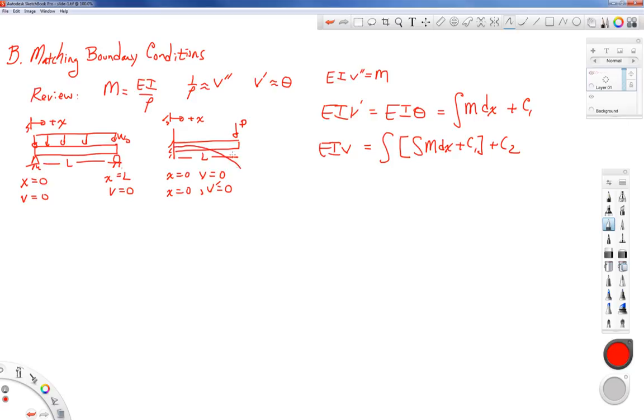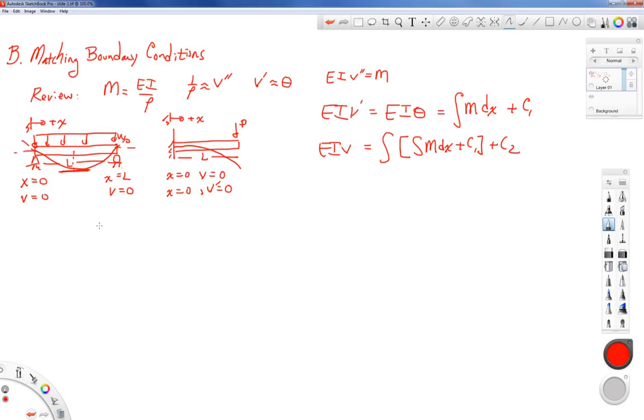In this case, we talked about how you can find the maximum deflection by looking at the end of the interval, or the end of the beam. And in this case, the deflection curve might look something like this, where the maximum deflection occurs where the slope is 0, or the derivative, but the slope is not 0 on the left and right sides, as we can see from this picture.